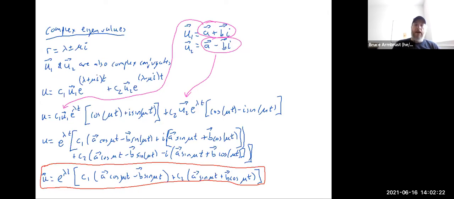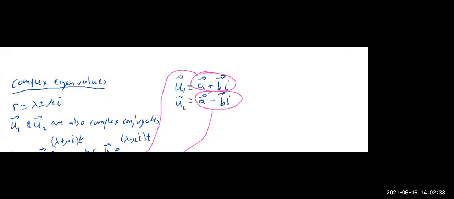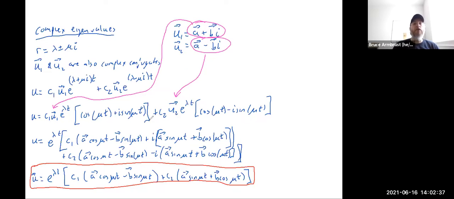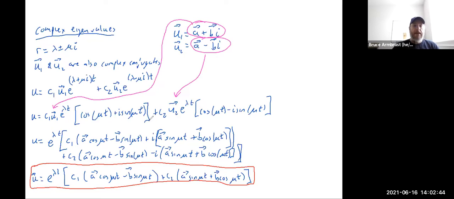All right, any questions on the derivation there, at least that you can think of right now? Yeah, how do we find the a plus or minus bi? Those are going to be from the eigenvector. The best way to see that is to do a specific example that leads to complex eigenvalues, and I'll show you how we find the complex eigenvectors.